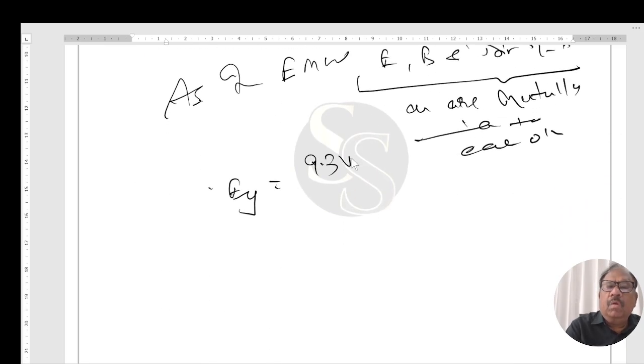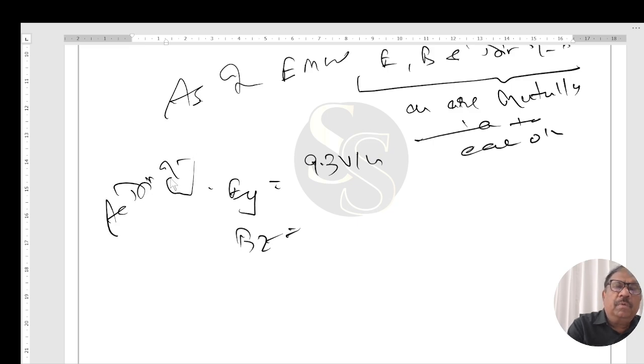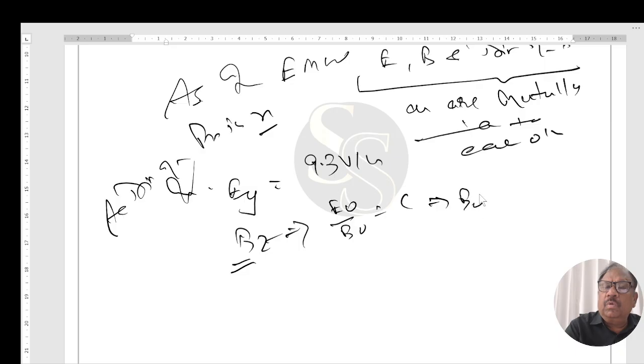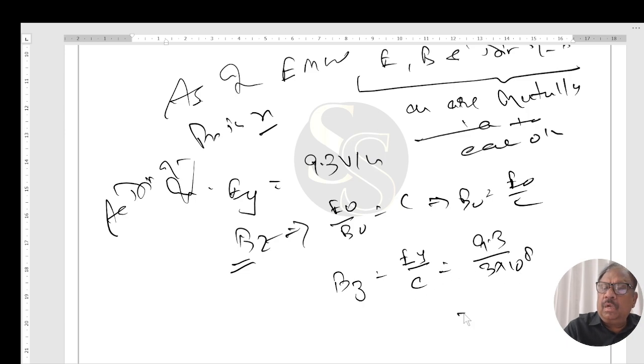So Bz will be equal to... as direction of propagation is positive x, so it should be along z direction. So E naught over B naught equal to C. So B naught will be equal to E naught by C. So Bz will be equal to Ey upon C. That is 9.3 upon 3 into 10 to the power 8. That comes out to be 3.1 into 10 to the power minus 8.